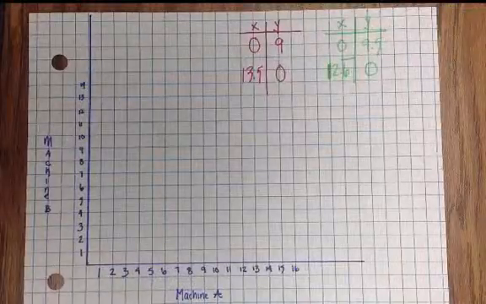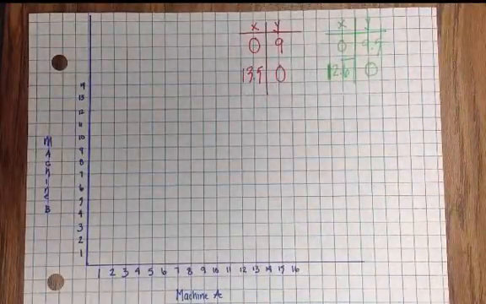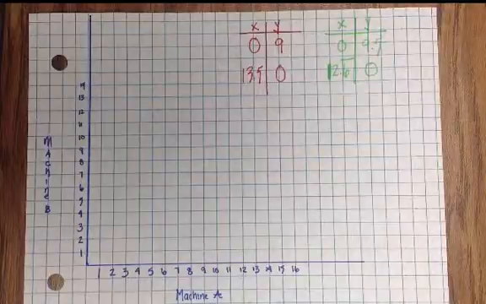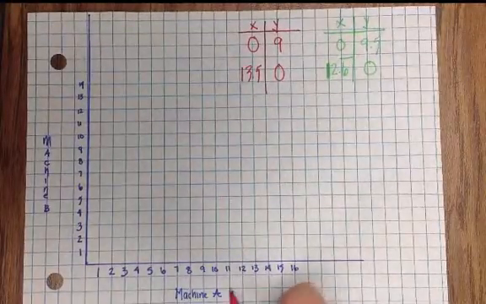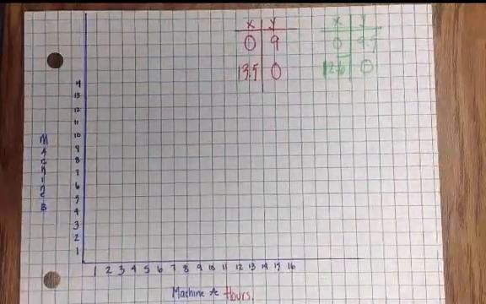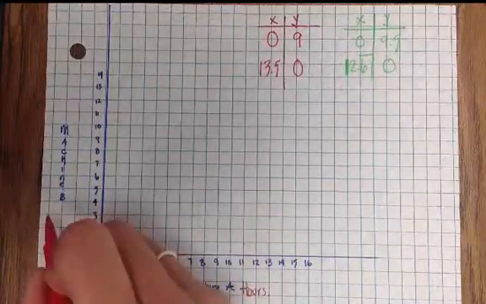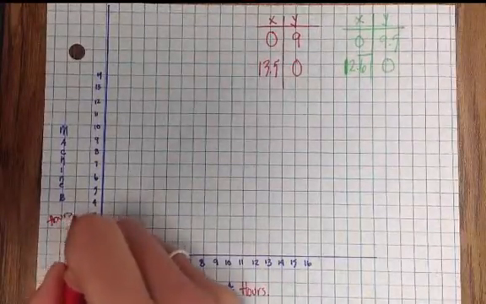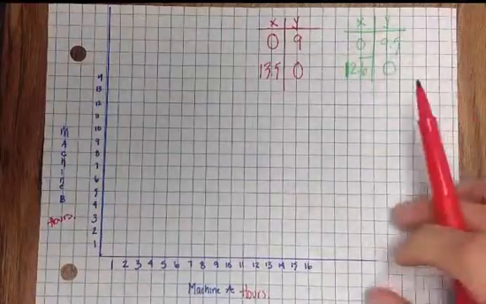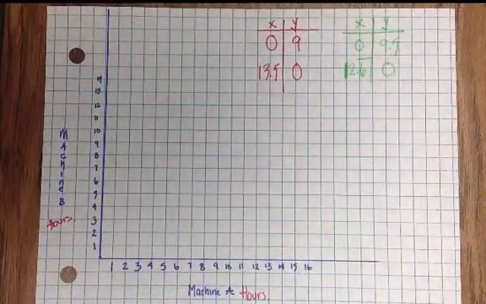Now we're going to be graphing. Again, I just rewrote my intercept tables here to help us out. I've already done the graph. We've defined x as machine A, so here's machine A, and we're talking about the hours for machine A. And for y, we defined that as machine B, the hours being spent. Looking at my numbers, they're pretty close together.